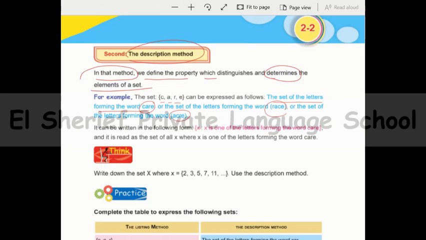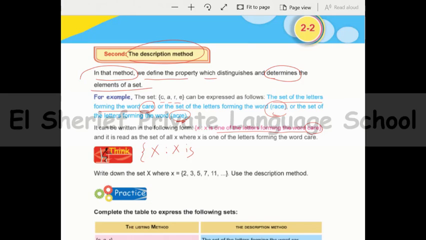So this method is called the description method, and we can write it in the form x such that x is one of the letters forming the word, any word from this word we can put.